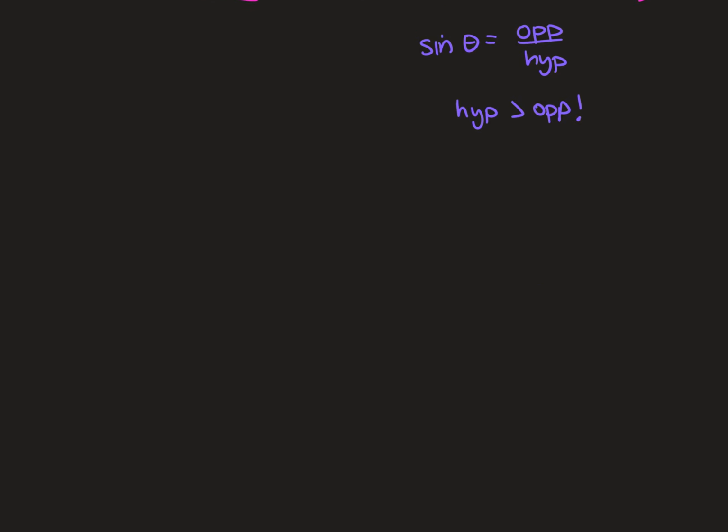So last one. If I take cotangent of x times cosine squared of x equals 2 cotangent of x, I want to solve that equation. All right.